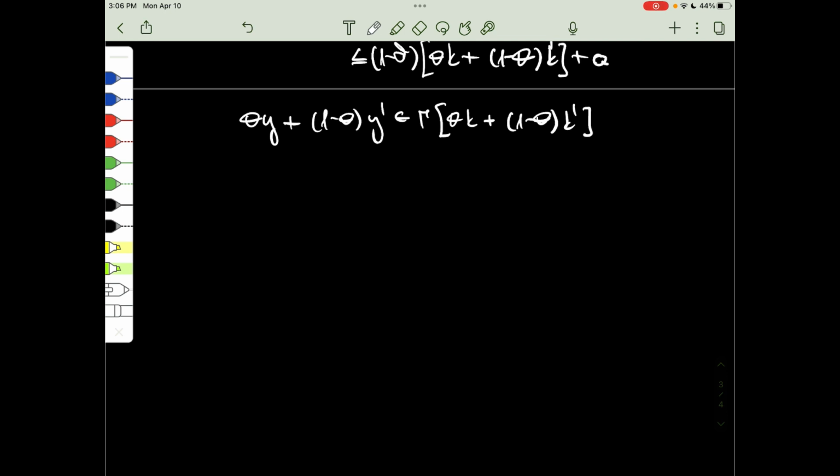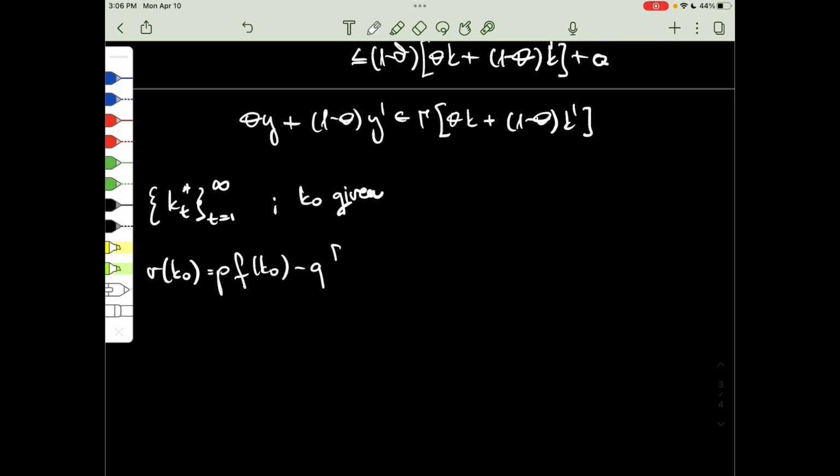So we are going to use the sequential form, and let's assume that we have the optimum sequence of the capital stock by which the firm attains the supremum in the sequential problem. So we have the optimum path for the capital stock. Now, given the initial capital stock K0, we have the first few stages in the sequential problem.